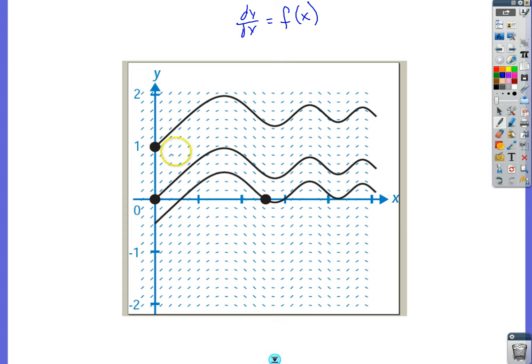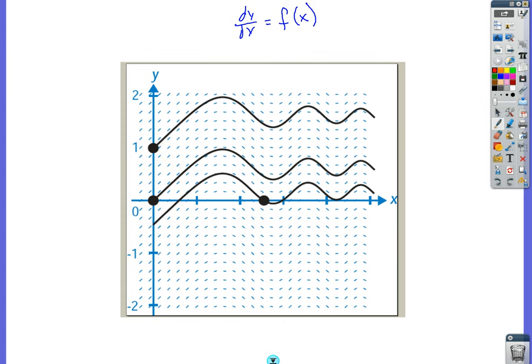And it gets me all these little points. So what does that mean? Well, any time my x value changes, my slope changes, my itty-bitty slope. And it doesn't matter what y is because it's only a function of x.